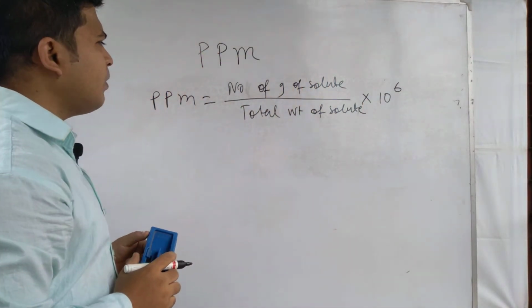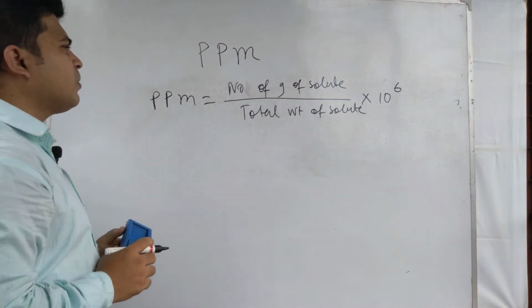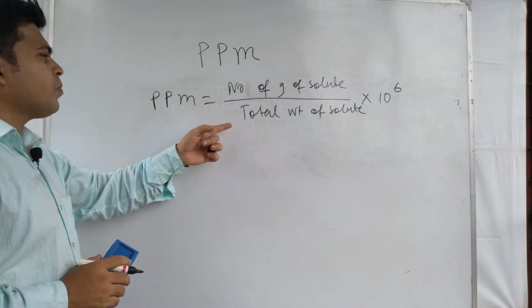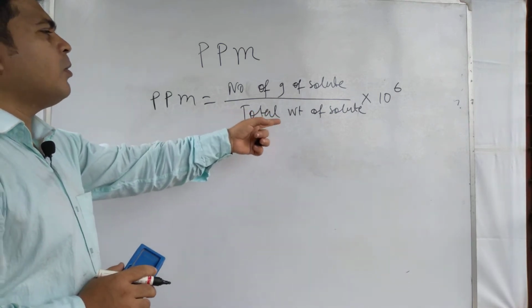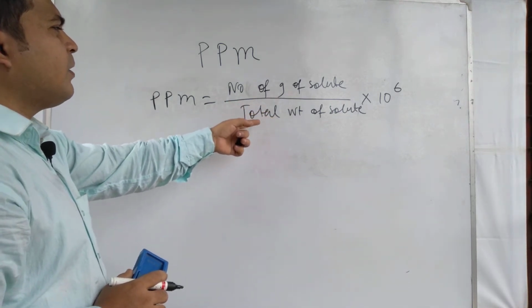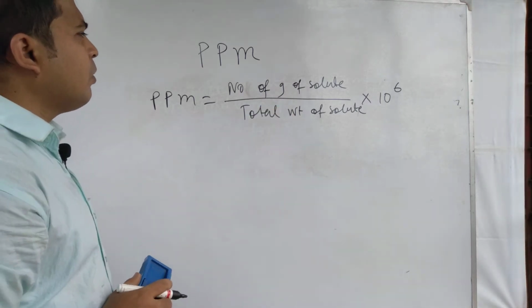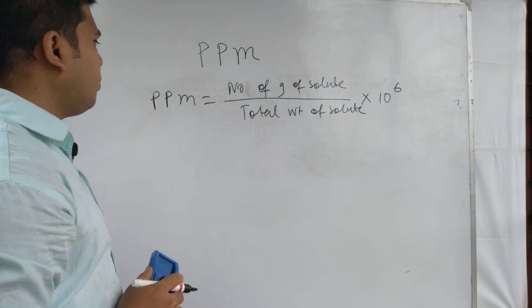Okay, this is the formula of ppm, parts per million.